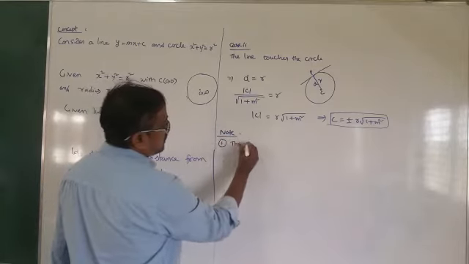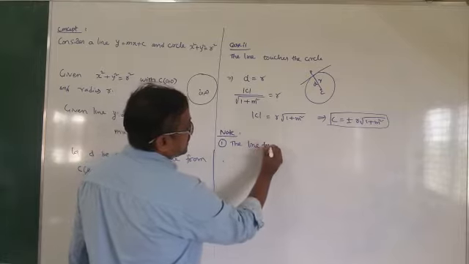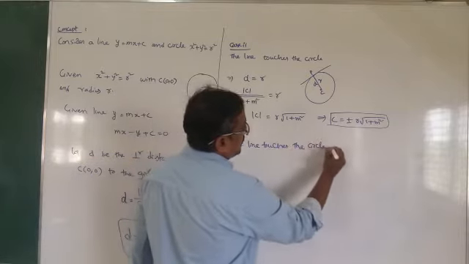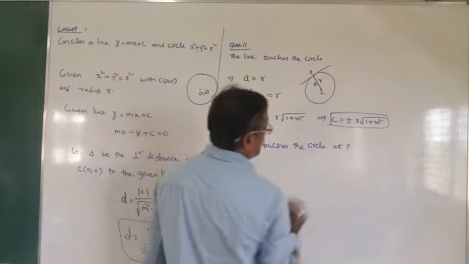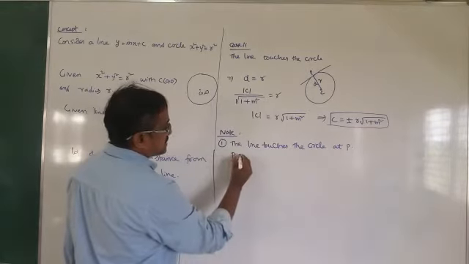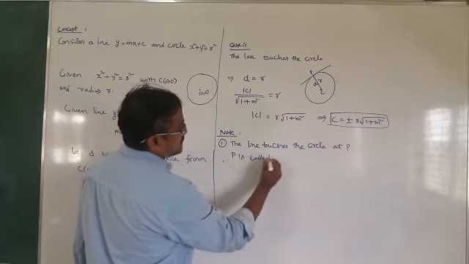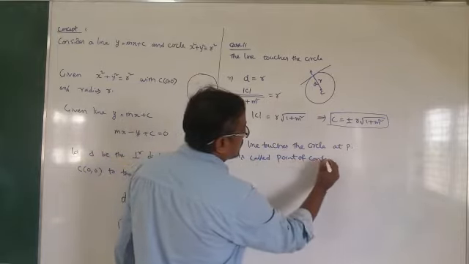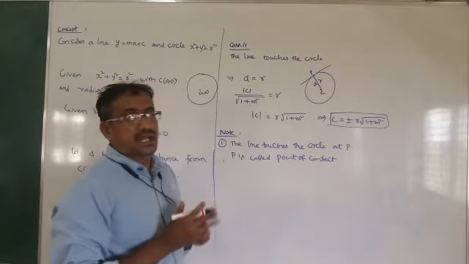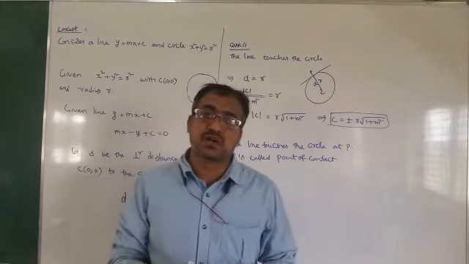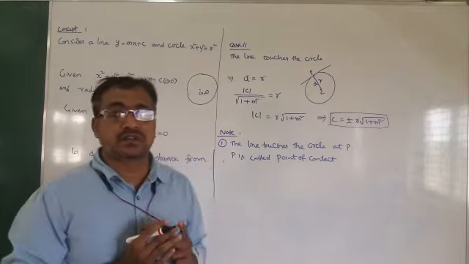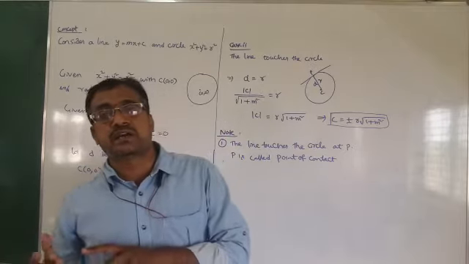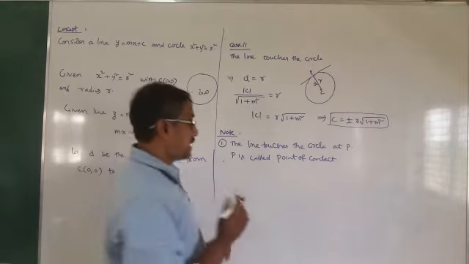Now note, the line touches the circle at P. Here P is called the point of contact. So where that line touches the circle, that point is called the point of contact, and remember that it is the foot of perpendicular from center to the line.